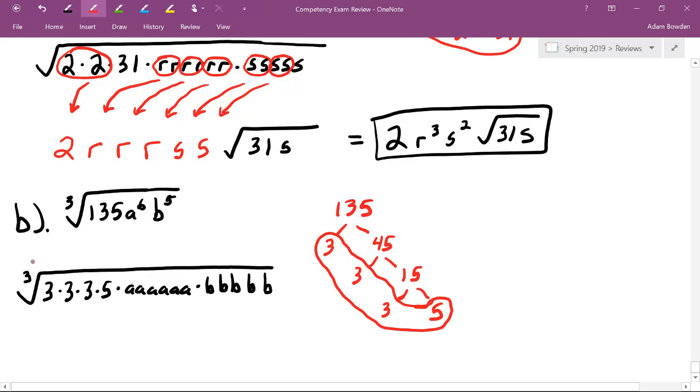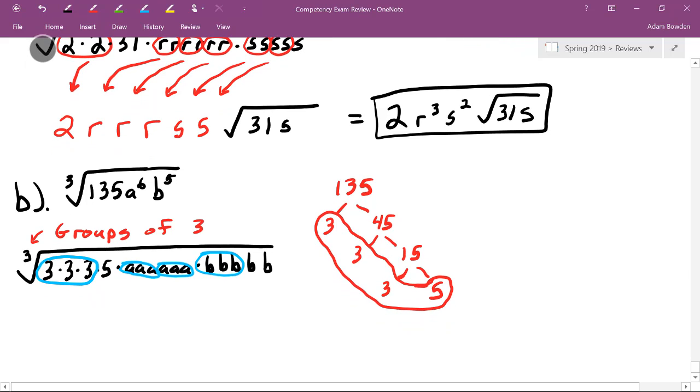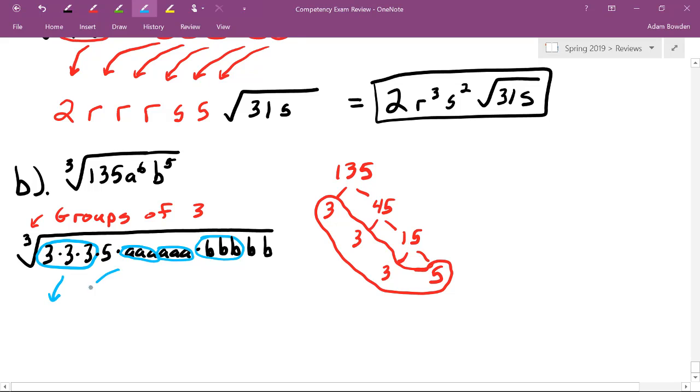And now, since we have a cube root instead of a square root, the difference is the groups that we circle will be groups of 3 rather than groups of 2. So it looks like I can circle a group here of 3's, I can circle 2 groups of a's, and I can circle 1 group of b. And then bring each of those out as a single one of each of the things.